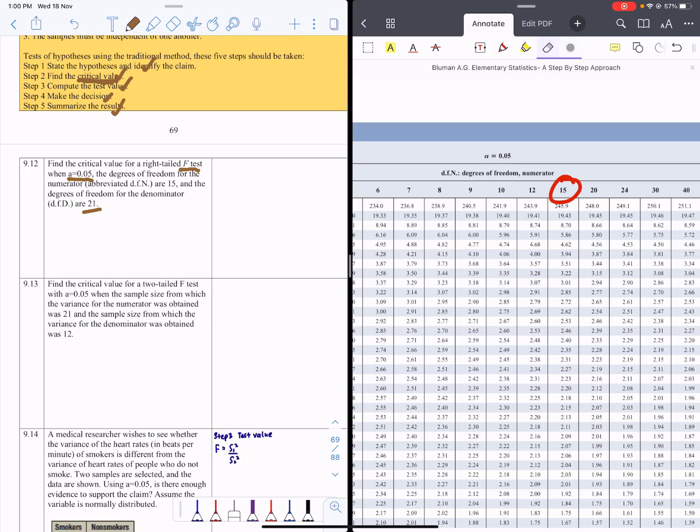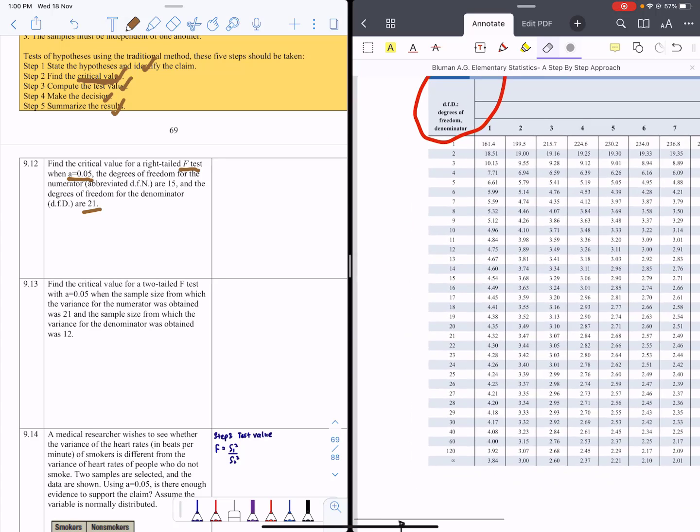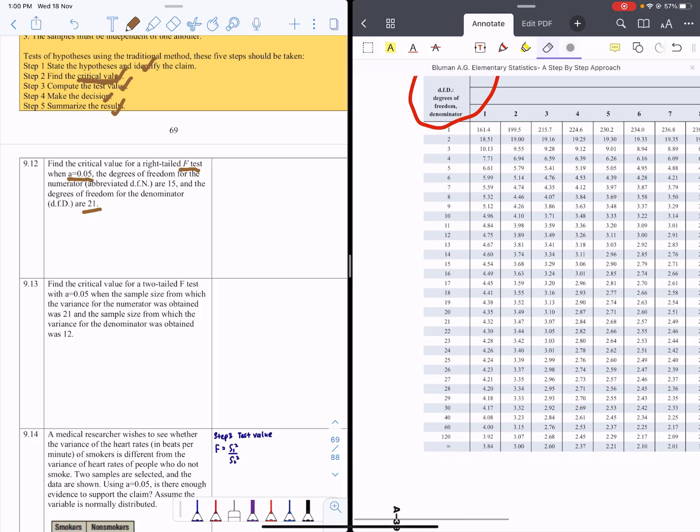You can read this on page 531, where they explain using the smaller value. If it is between 12 and 15, use the smaller value, that is 12. If you have 11 degrees of freedom numerator, then you choose 10. That's how you choose. And then we have 21 here.